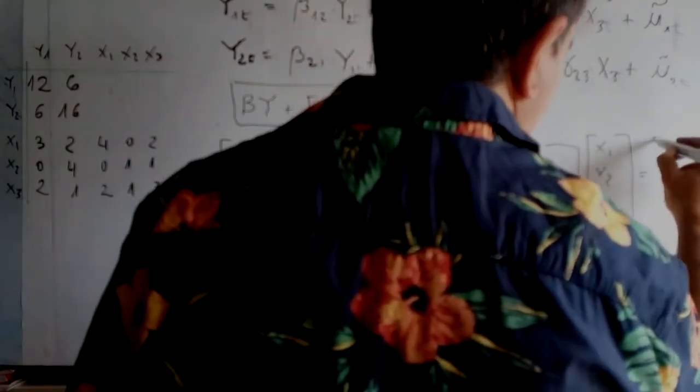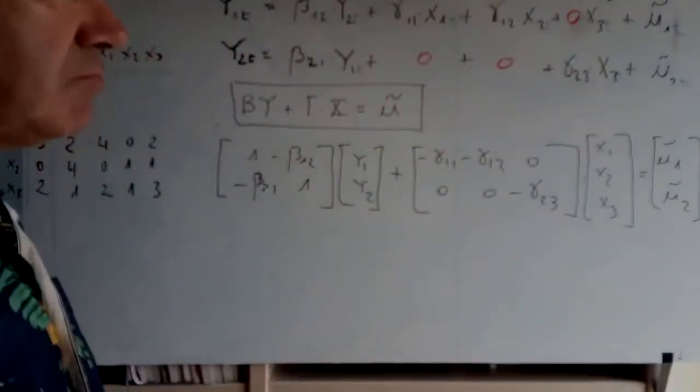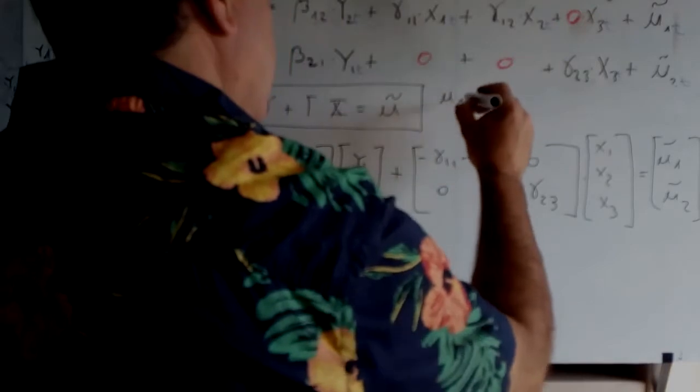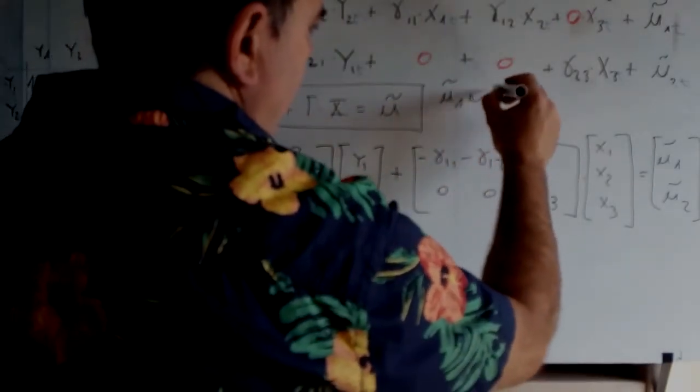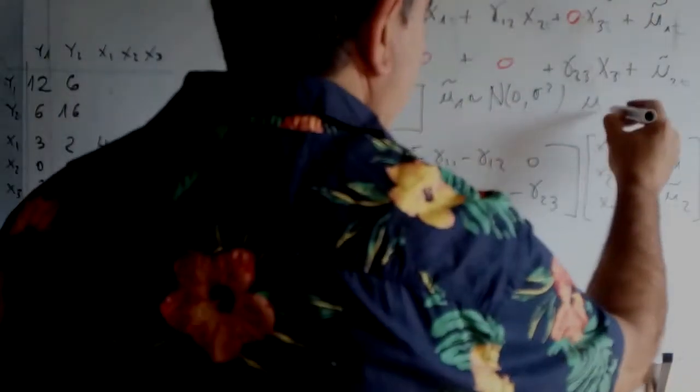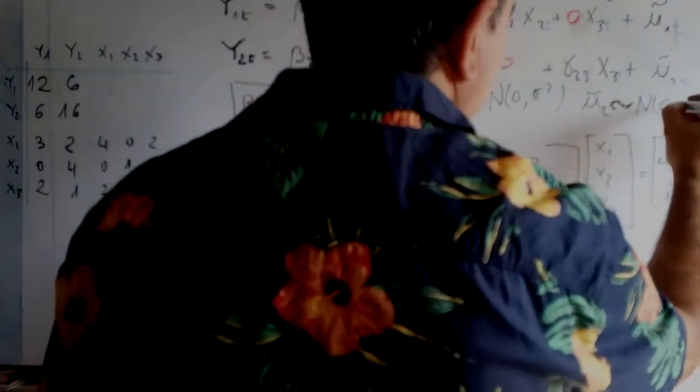This is capital Gamma, times x1, x2, x3, the exogenous variables of the system, equal to the error term in equation number 1 and the error term in equation number 2. These are stochastic variables, and as usual the error term in the first equation follows a normal distribution with zero mean and constant variance, and the second error term is also distributed as a normal with zero mean and constant variance.